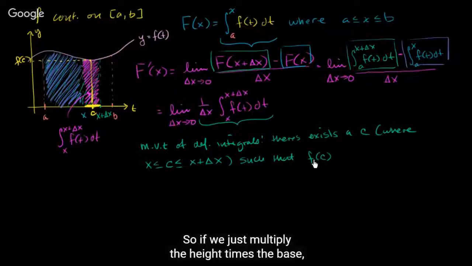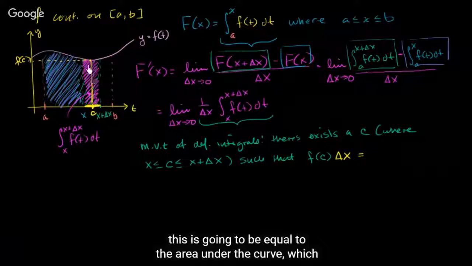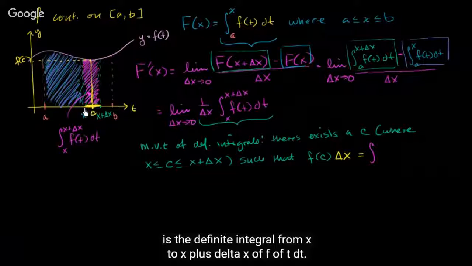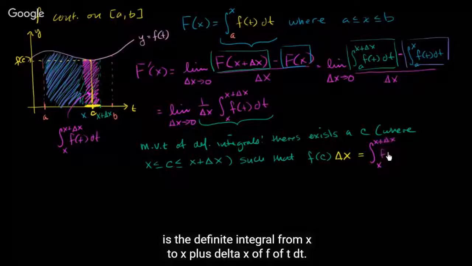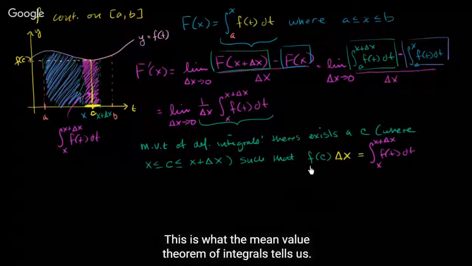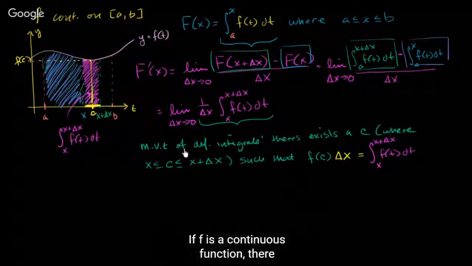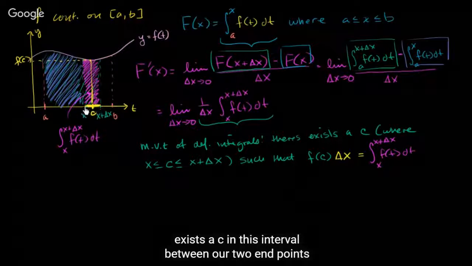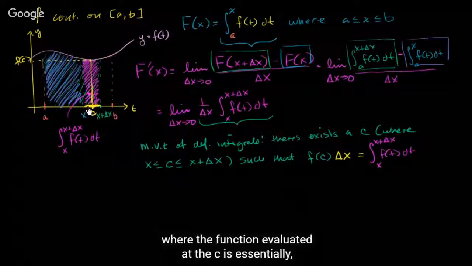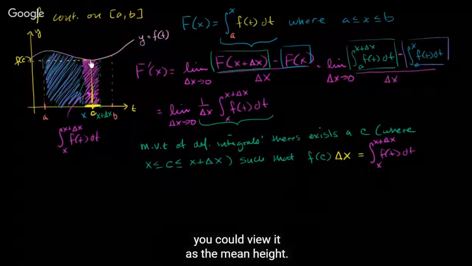If we just multiply the height times the base, this is going to be equal to the area under the curve, which is the definite integral from x to x plus delta x of f of t dt. This is what the mean value theorem of integrals tells us. If f is a continuous function, there exists a c in this interval between our two endpoints, where the function evaluated at c is essentially, you can view it as, the mean height.